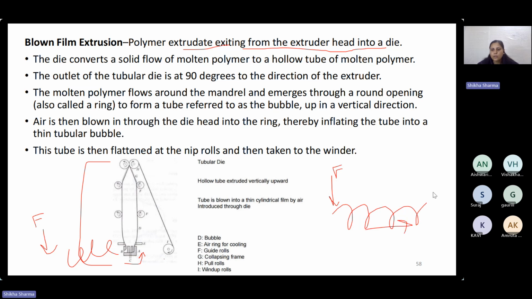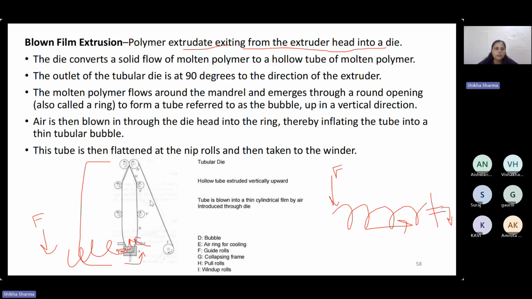Molten polymer will come, and at the end there will be a die. Whatever the shape of the die, the polymer will come out in that shape. This point B will be the die end. From this the polymer will come, and air will also come.